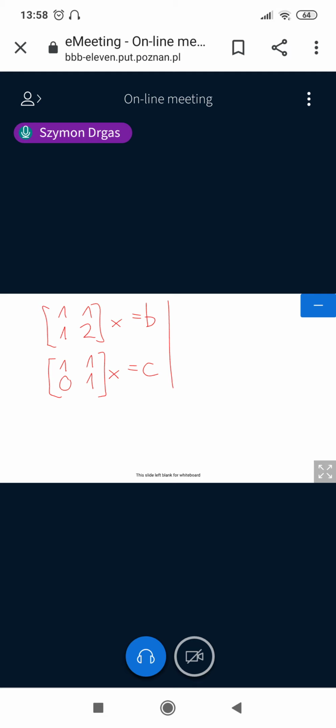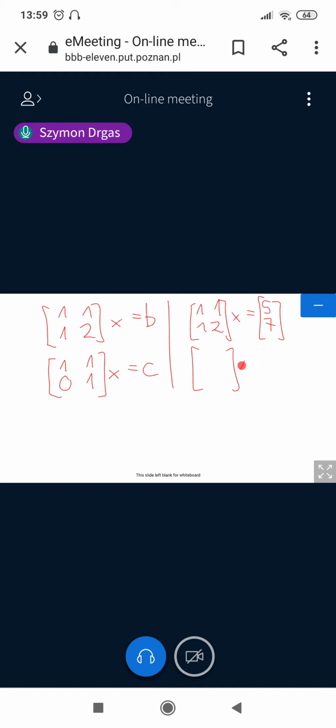Let's read what we have to do with this. Write the corresponding systems, original and triangular, for b equal to 5, 7. Okay, so then we have the matrix 1, 1, 1, 2 times x is 5, 7.